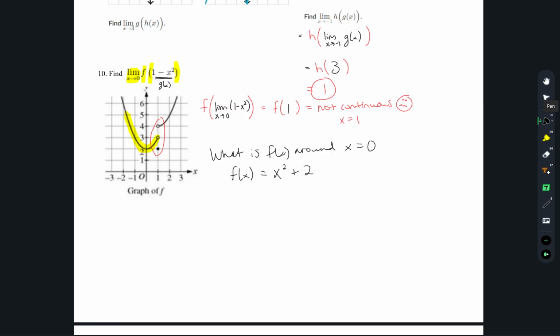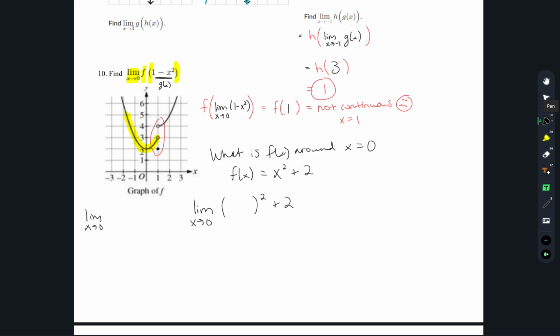So if that's my f of x, I need to find the limit of f plugging in that thing. Okay? So the new strategy is I'm going to take the limit like I was doing earlier as x approaches 0, but I'm going to plug in that 1 minus x squared. So maybe I'll write this too to make more sense.